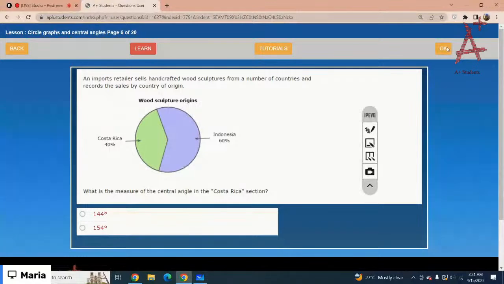An imports retailer sells handcrafted wood sculptures from a number of countries and records the sales by country of origin. What is the measure of the central angle in the Costa Rica section? So which is the correct option?